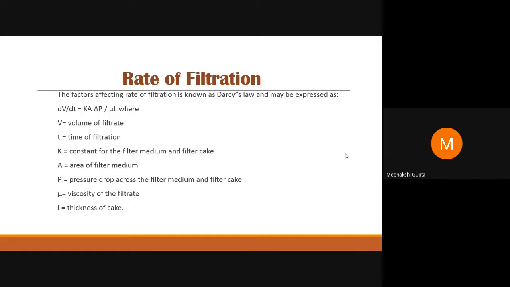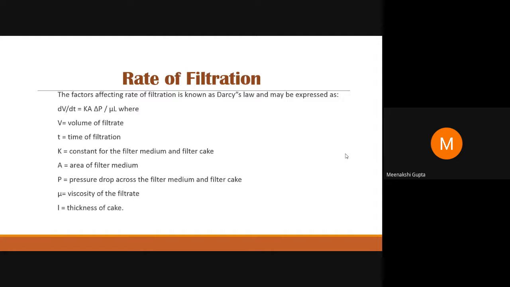Okay. Next is the viscosity of the filtrate. As we all know, if the liquid is more viscous, having more consistency, it produces more resistance to the flow. So mu is inversely proportional to the rate of filtration.